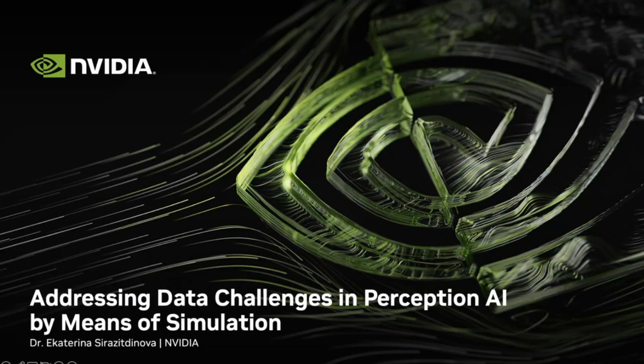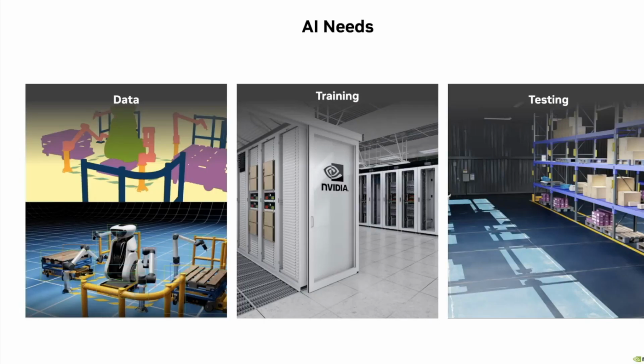So the topic of my talk today is addressing data challenges in perception AI by means of simulation. The main motivation of this talk is that, in the modern world, AI has many needs. The first need is data. You cannot train powerful AI networks without lots of data.